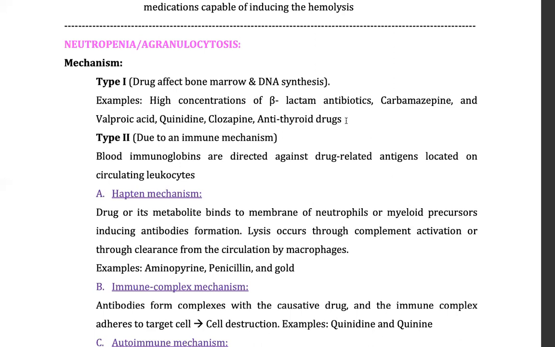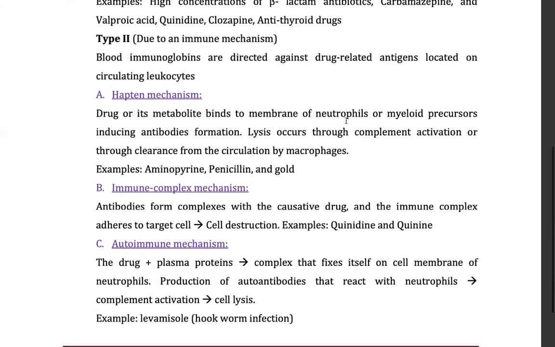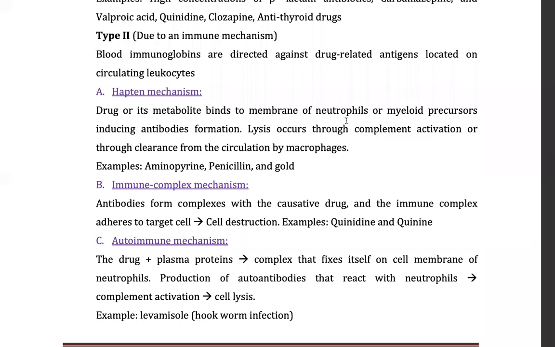And again, type 2 is classified into three sub-mechanisms: hapten mechanism, immune complex mechanism, and autoimmune mechanism. What is the hapten mechanism? The drug or its metabolites bind to the membrane of neutrophils or myeloid precursors, inducing antibody formation.